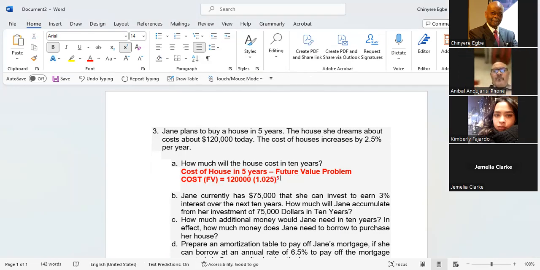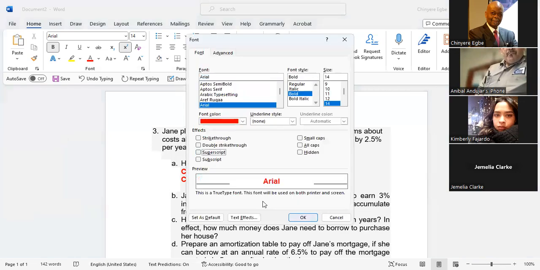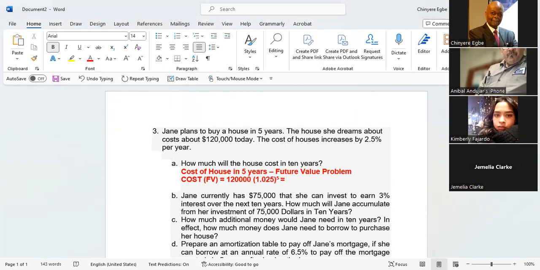That will be equal to 120,000 times what is 1.025 to the power 5? Somebody give me the answer. 1.131.